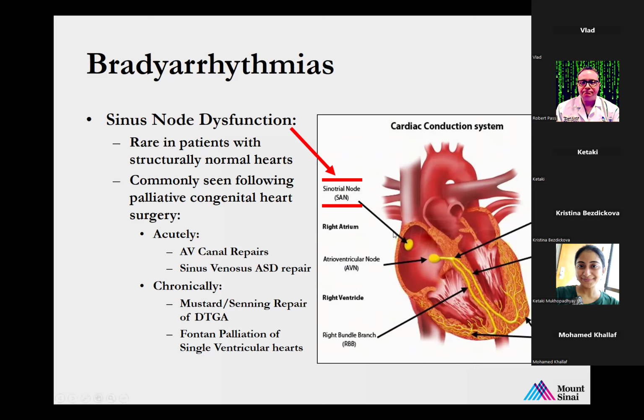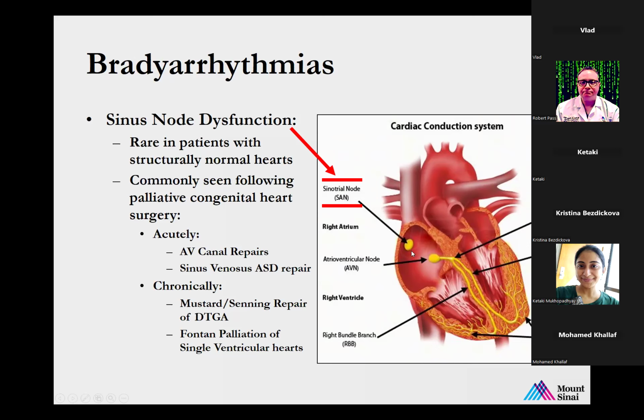Because in order to do that repair, the surgeon has to put a lot of sutures right along the area where the sinus node is located. So it wouldn't be surprising that patients have slow heart rates afterward due to injury. AV canal repairs, which has not really, to my knowledge, been reported, but is very commonly seen by clinicians, I think is likely due to the fact that there's a lot of retraction in the atriotomy in order to visualize the AV canal defect and repair it.